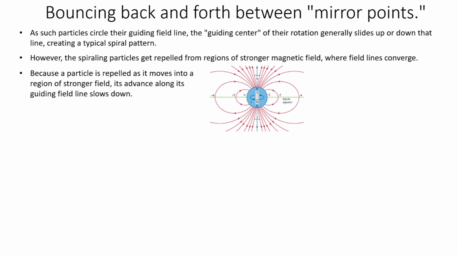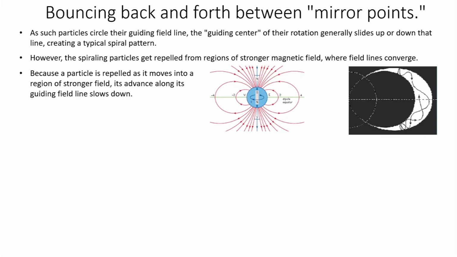What I mean to say is that the particle is repelled as it moves into the region of stronger field; it advances along its guiding field line and it slows down. You can see, whenever it is moving with the magnetic field along the guiding center toward increasing intensity, its speed gets reduced and it slows down, and at some point it becomes 0 and then it gets bounced back.